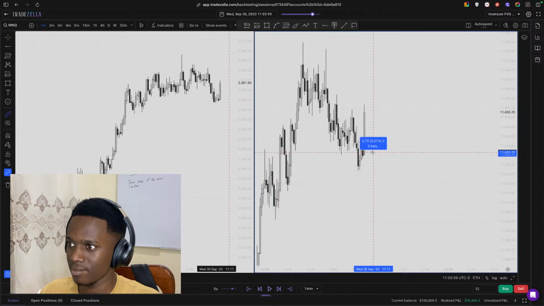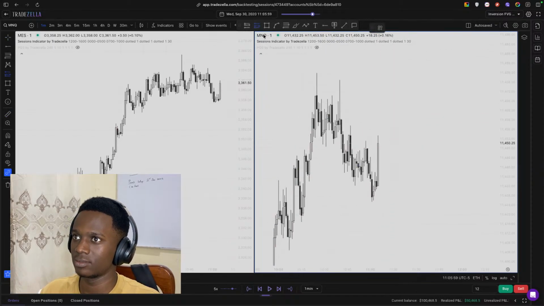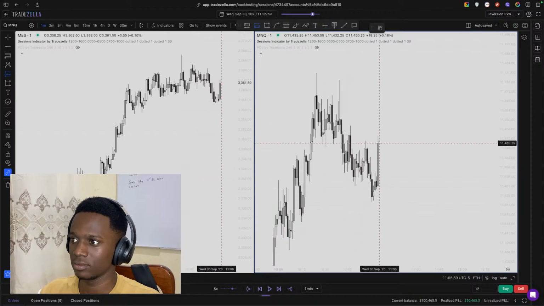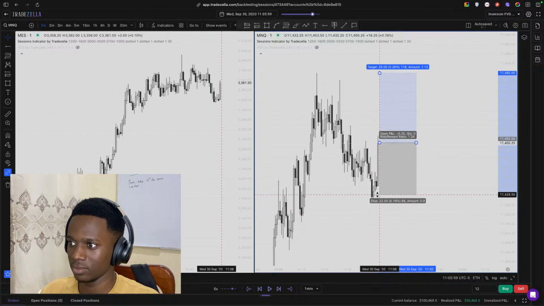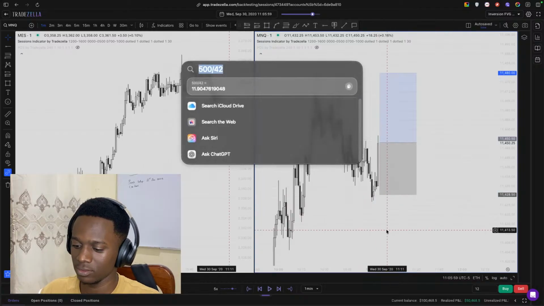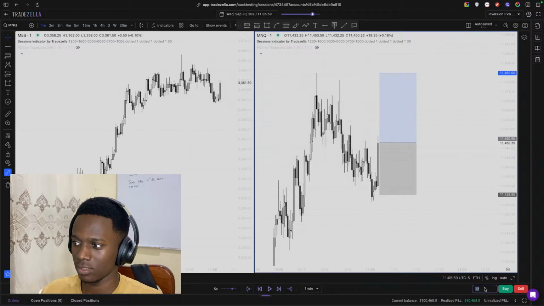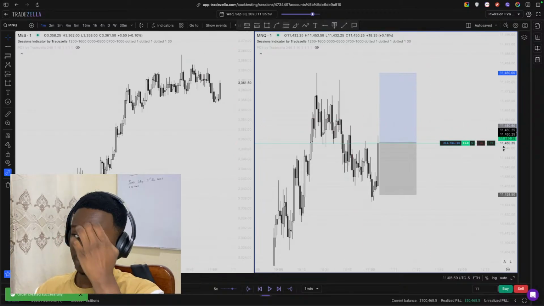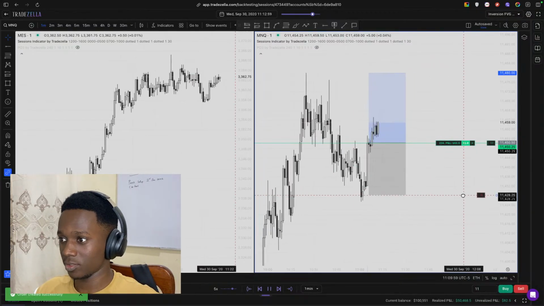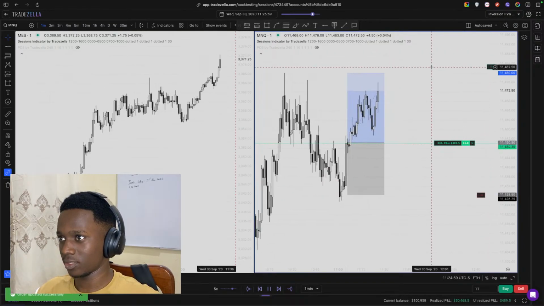A small inversion here. So this will be 1-to-1 targeting this high. So a 1.3 hour trade here. Let's see if it hits. Stop will be at this low here. Take profit will be at this high here.